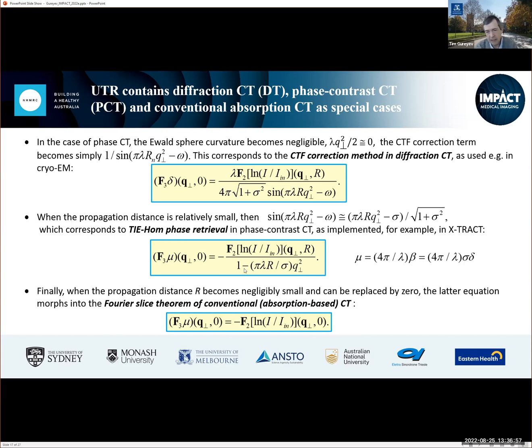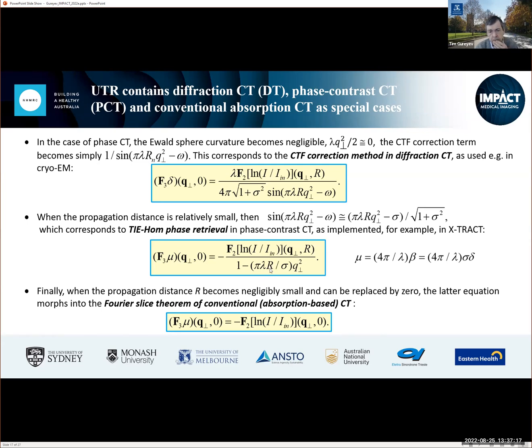Otherwise, it's exactly the transport of intensity equation that is implemented in X-TRACT and that we use for our phase contrast tomography.